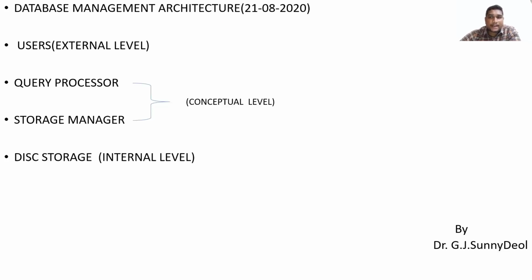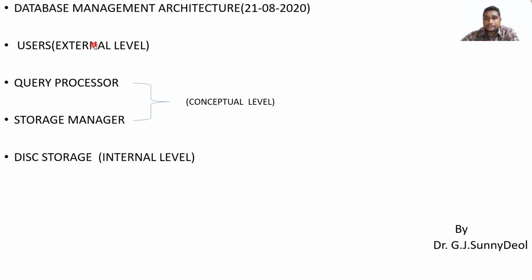We have 3 levels as we discussed, but the implementation of DBMS has 4 things: various users; the conceptual level, which is divided into 2 categories, query processor and storage manager; and finally database storage or disk storage. We have 4 important components in DBMS architecture.